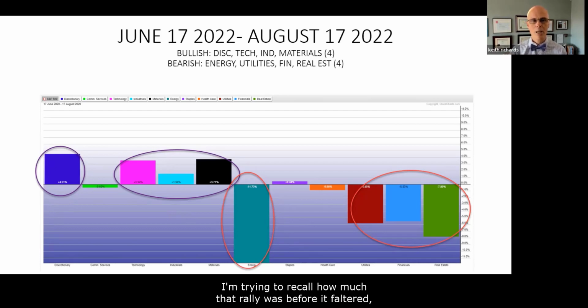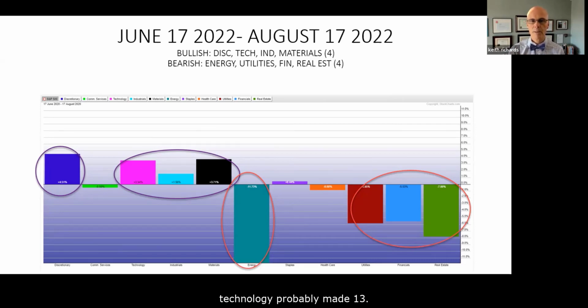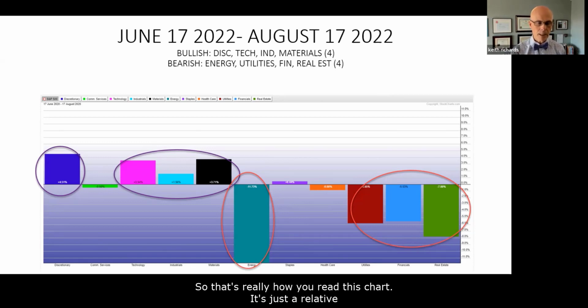I try to recall how much that rally was before it faltered, but whatever it was, let's pretend it was 10%. So the energy sector underperformed that rally, implying probably it went down a point or two. So it's a relative performance. So if technology outperformed the market and the market made 10% that month, then technology probably made 13. So that's really how you read this chart. It's just a relative comparison.